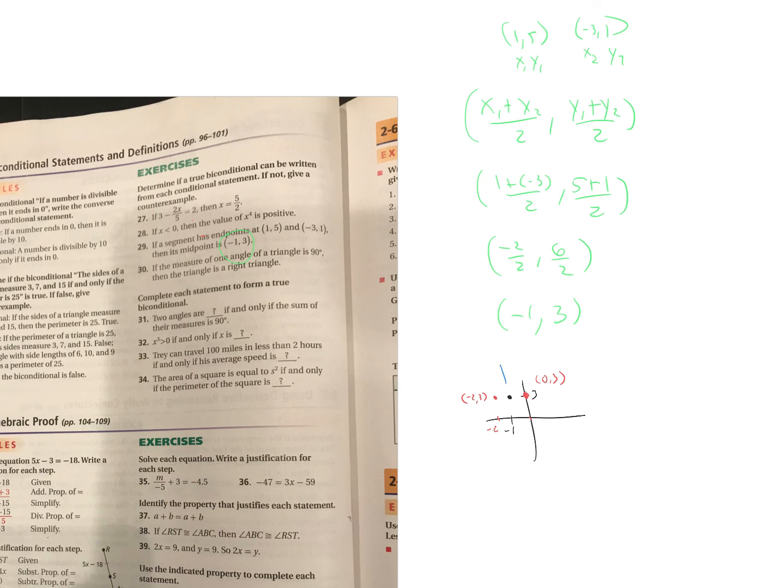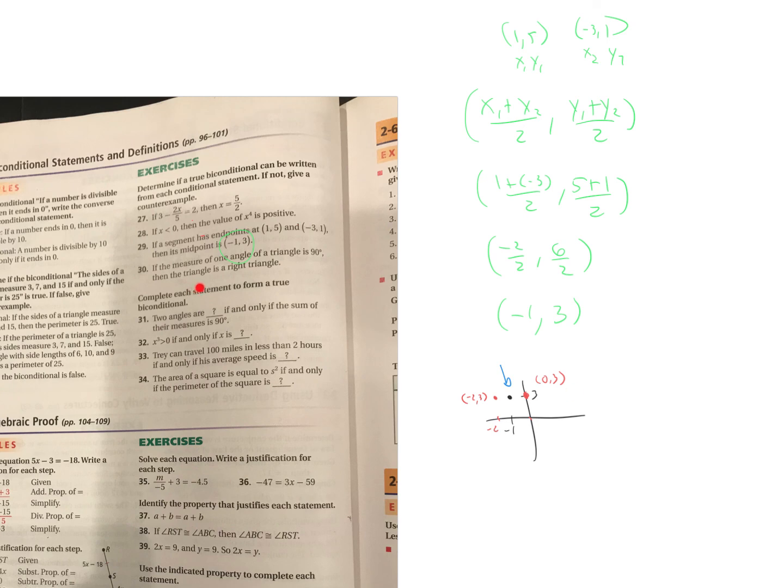Well, this black dot right here, which is at negative 1 comma 3, is the midpoint between these two endpoints, but the two red endpoints here are not the same as 1 comma 5 and negative 3 comma 1. So here's an example of how that black dot, the negative 1 comma 3, could be the midpoint of other endpoints. So therefore the converse is not true. Therefore there can be no true biconditional written here. Okay, so we just presented a counterexample.